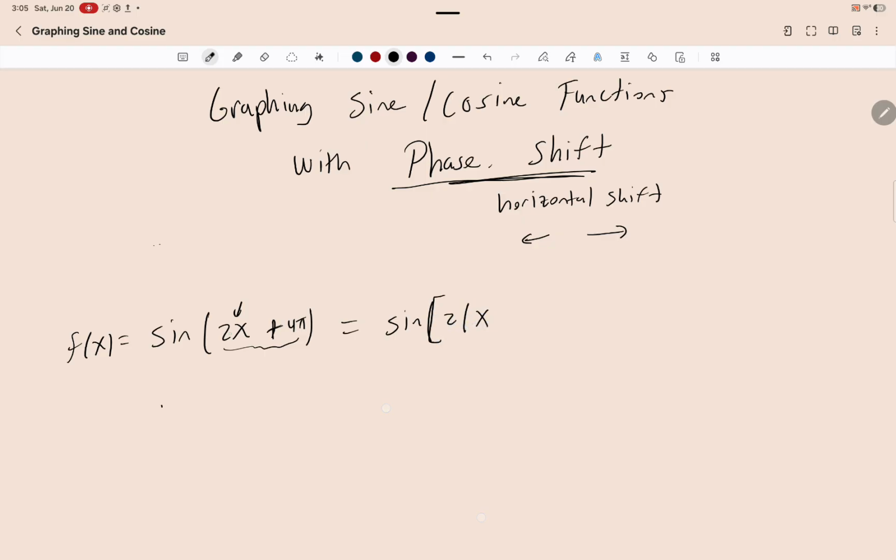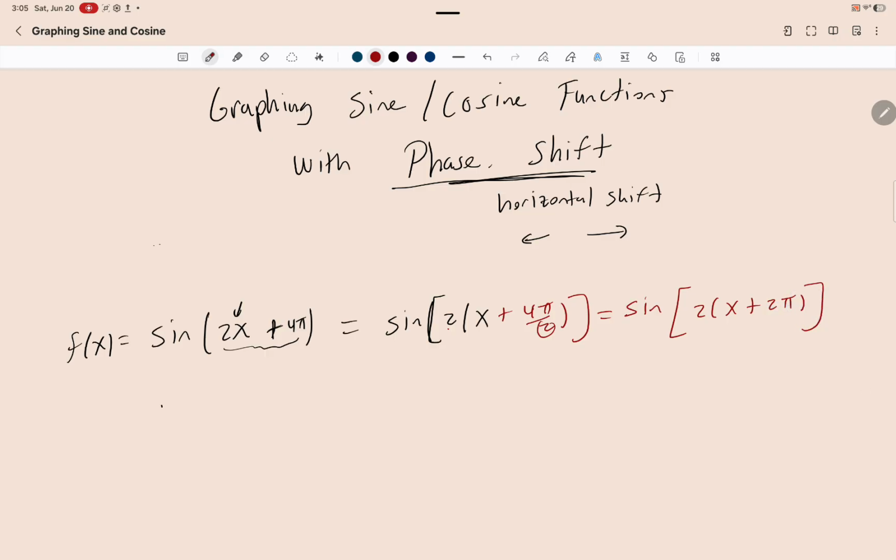The trick is, whatever this number is, you divide that number by the coefficient of the x. So I'm going to take 4 pi over 2 and divide it by 2, and we get sine of 2 parentheses x plus, and simplifying, 4 divided by 2 is 2 pi.